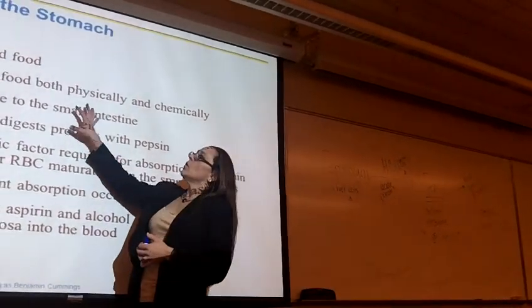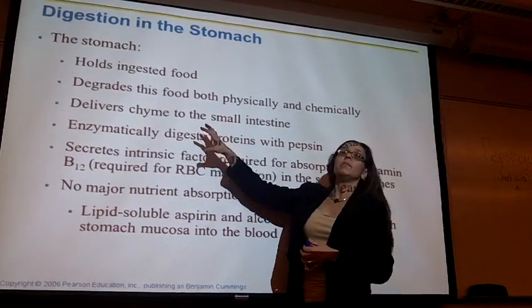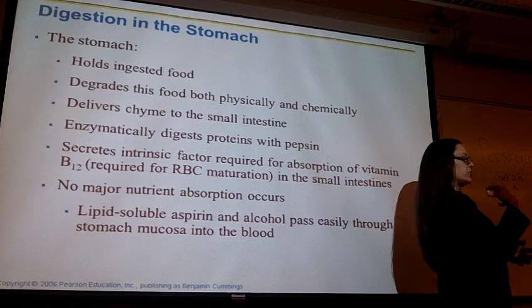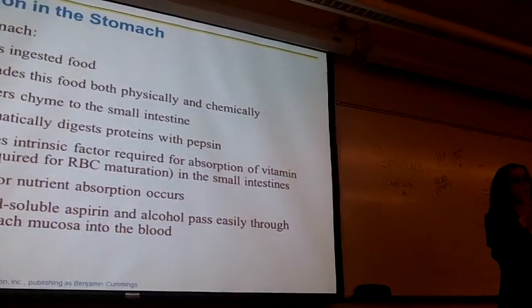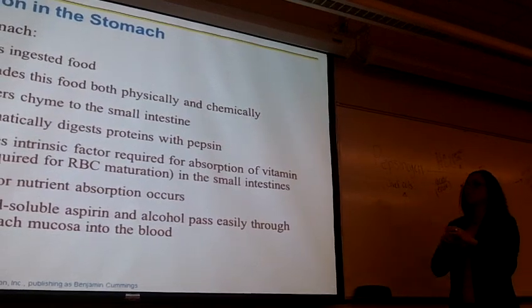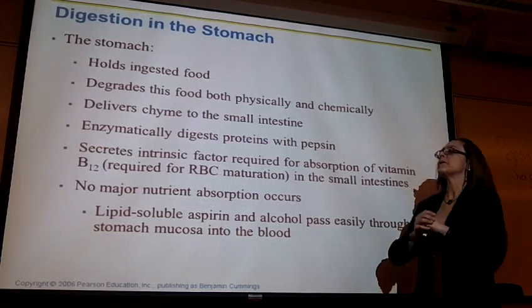And we're going to make sure that the particles in this chyme, so now all that juice and the food, all of that mixture is now called chyme. And we want to send that material over to the small intestine.